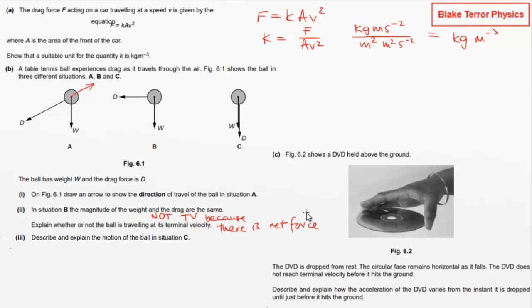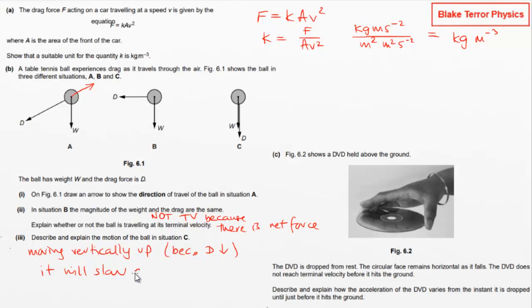Describe and explain the motion of the ball in situation C. Okay, describe and explain. Right, so the ball is moving upwards. So it's moving vertically upwards, the drag is vertically down, because drag is opposite, so the motion must be in the other direction. So then we could say it will slow down because there's a net downwards force.